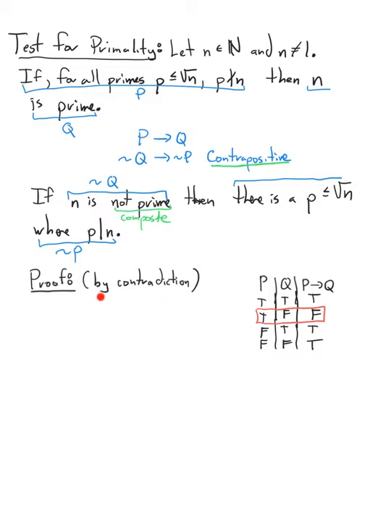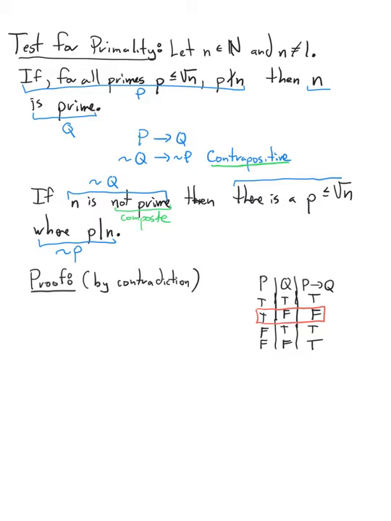But the other way, a proof by contradiction, is we pretend that the if part is true and the then part is false, and we show that mathematics breaks. So we pretend there is a counterexample where the if part is true and the then part is false, and we show something about mathematics breaks. So that is what we're going to do.